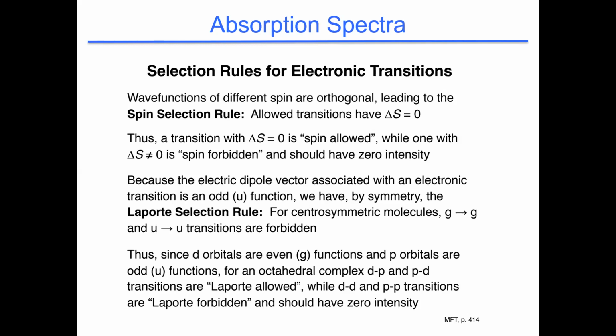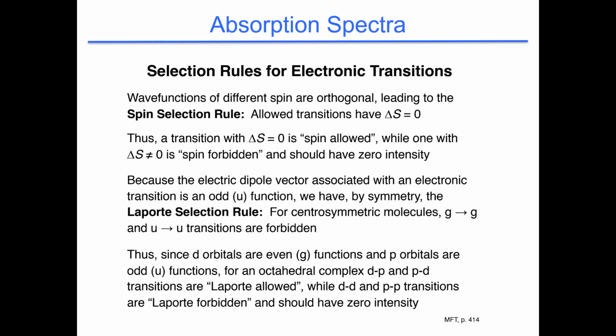This leads to the spin selection rule, which dictates that allowed transitions have a delta S of 0. So a transition with delta S of 0 is spin allowed, while if delta S does not equal 0, it's spin forbidden and should have 0 intensity.